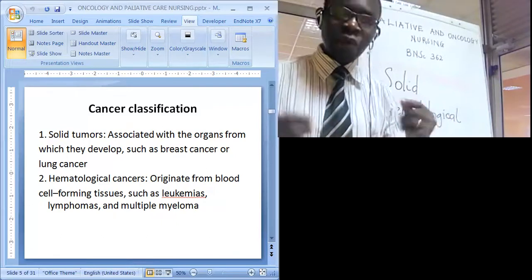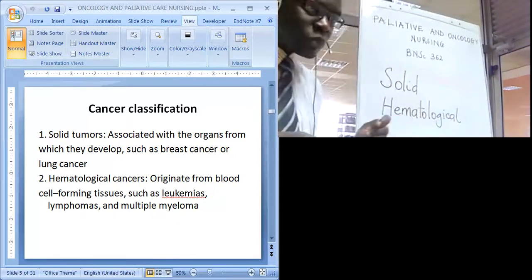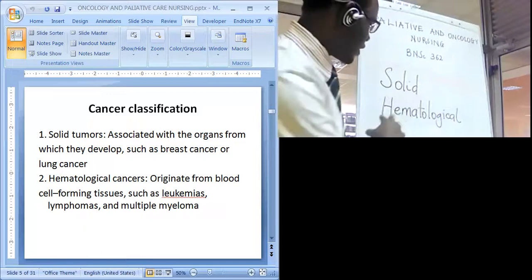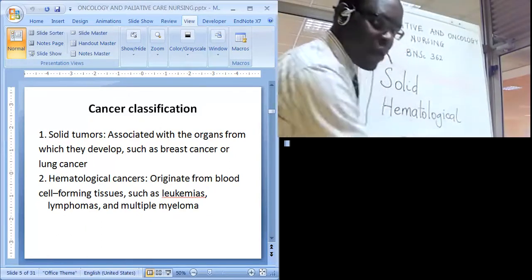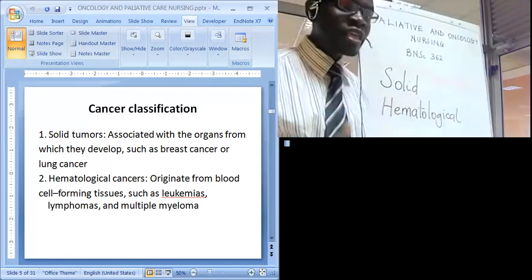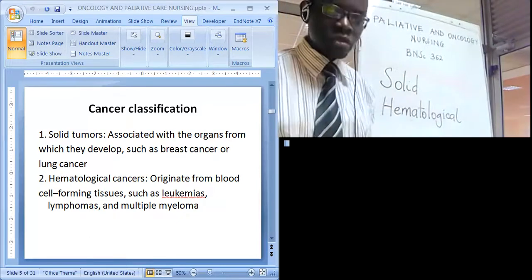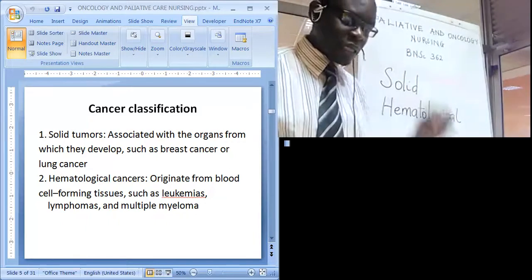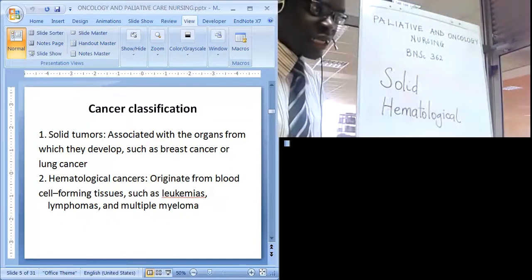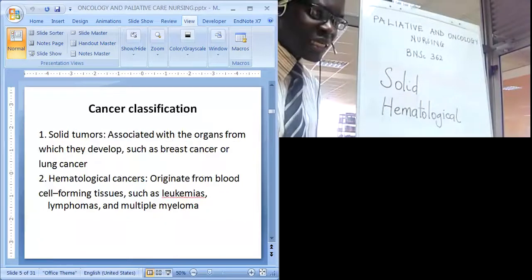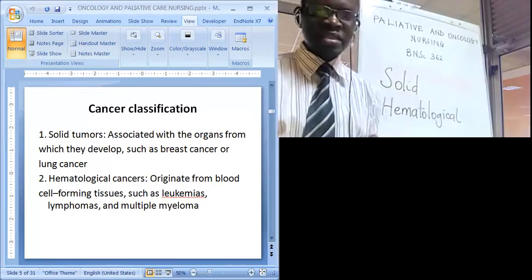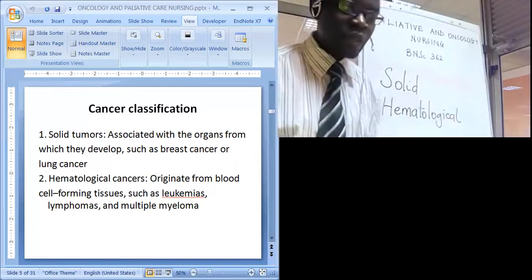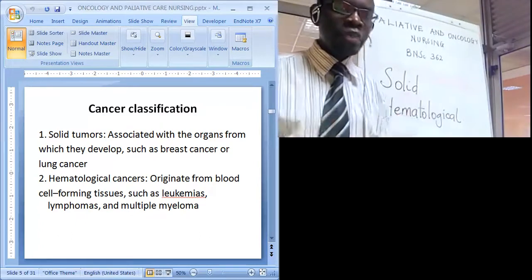So as you have cancer of the white cells, you can also have effects in the other cells. Basically, those are the two classifications of cancers: solid tumors and hematological.